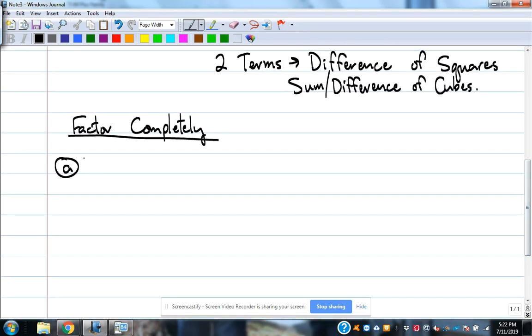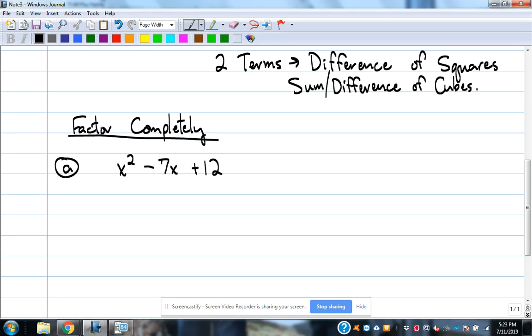Let's start with something fairly simple, maybe something like x squared minus 7x plus 12. Nothing too crazy, but definitely something we need to be able to factor.